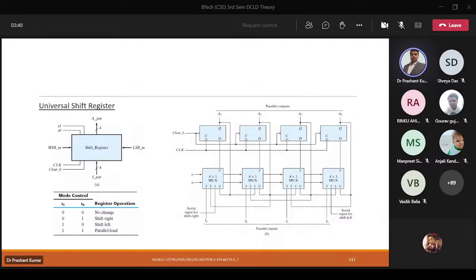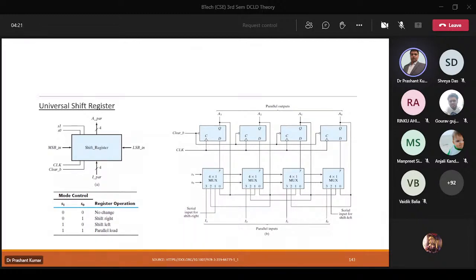So what actually is this universal shift register, and what functionality may this register provide? Sometimes, when you are trying to access the output of a shift register, the information entered serially by shifting can be taken out in parallel.